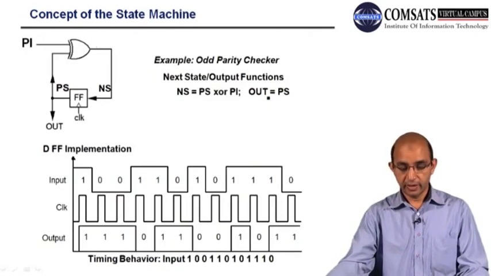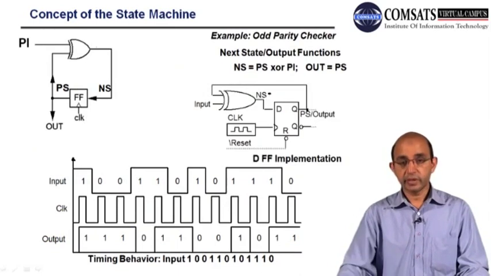In the circuitry, NS, the next state, is the present state PS XORed with input PI, and the output is the present state PS.